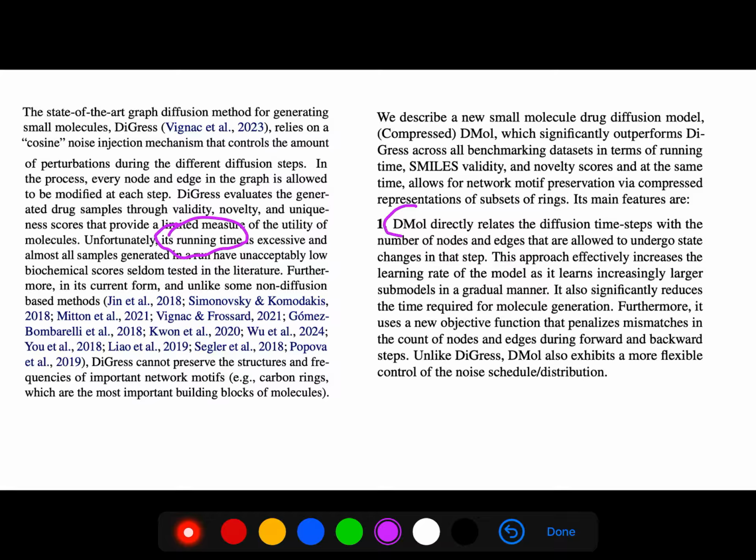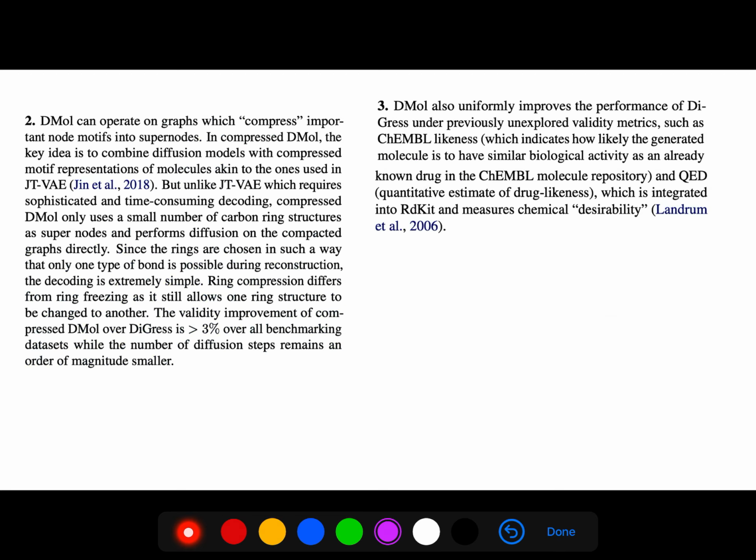So that's why DMol directly relates the diffusion time steps with the number of nodes and edges that are allowed to undergo state changes in that step. So it allows an increased learning rate. And DMol can operate on graphs which compress important motifs into supernodes. The key idea is to combine diffusion models with compressed motif representations of molecules, same as in the junction tree variational autoencoder. This paper, I think, is from MIT.